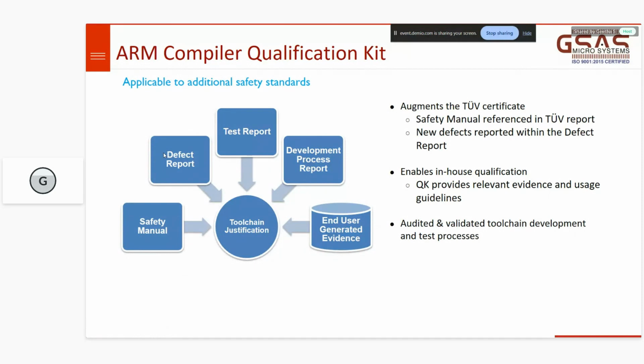This will give you the information in the test report and development process report: how the ARM compiler tool went through, what procedure was used to get that compiler safety certified.